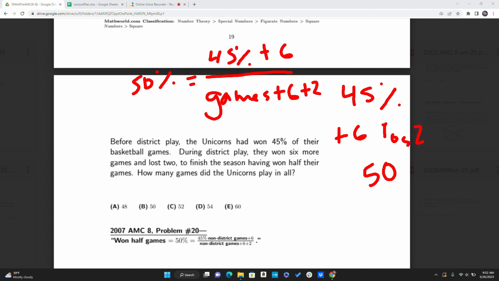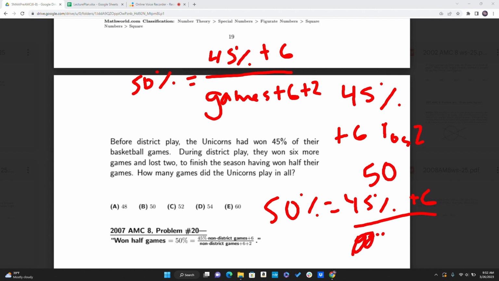Right? So 50%, that's going to be 45% plus 6 over games in over 100%, plus 8.